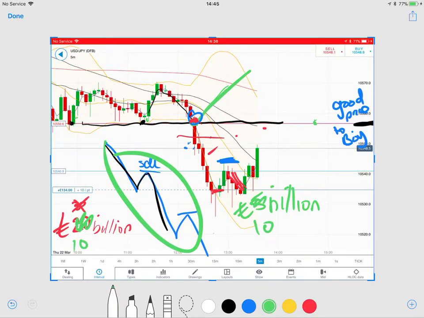So now they've got 10 left. Now, because obviously now they might have got a little bit more confidence in the market, they might have got rid of a higher amount of money. They've bought 10 billion now, and that has resulted in this upward move here.